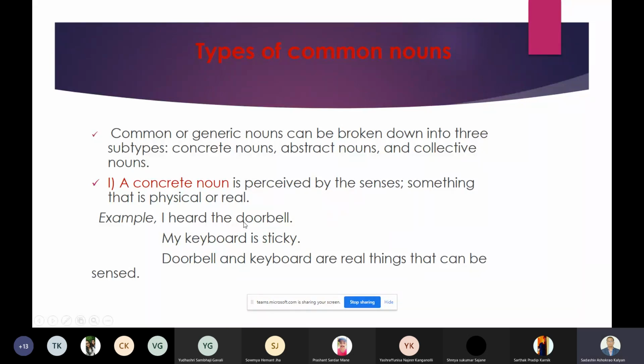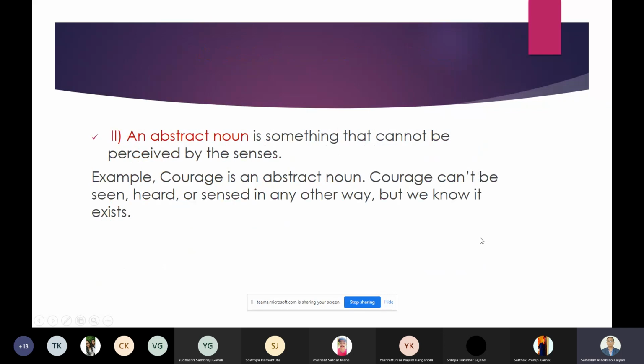So this is one kind that we know through our senses, and that is physical and real. The keyboard is sticky. In these two examples, the words doorbell and keyboard are real things which we can sense, which we can experience through touch and smell.